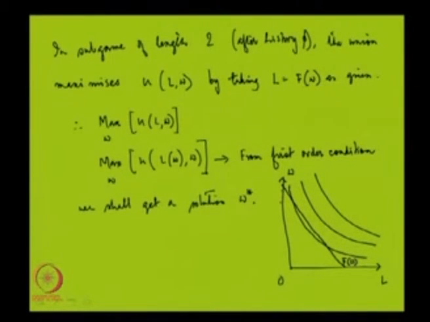Well, this relationship F(W) is given, and it is taken as given by the union, because it is decided by the firm.